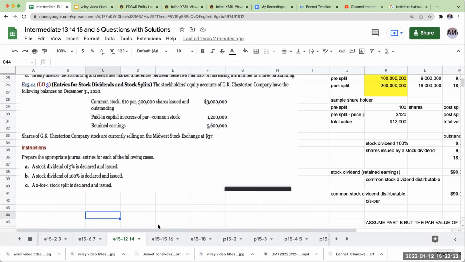Okay, so we've got common stock, shares issued, shares outstanding, APIC, common stock at par, and then retained earnings.